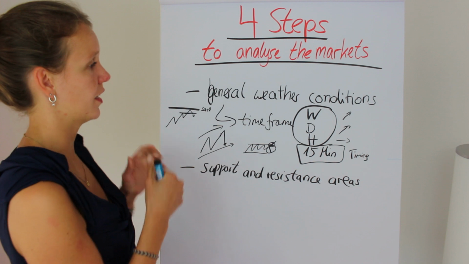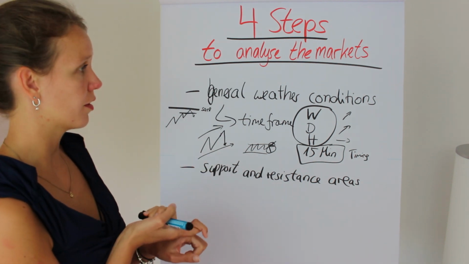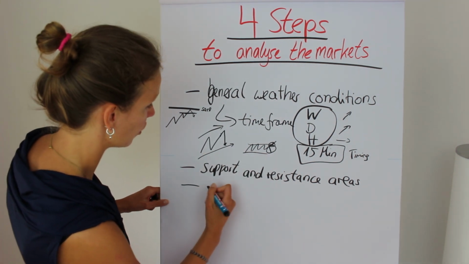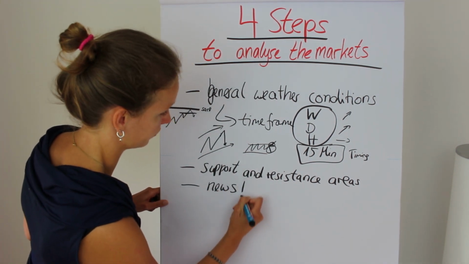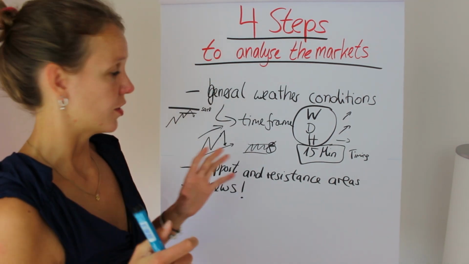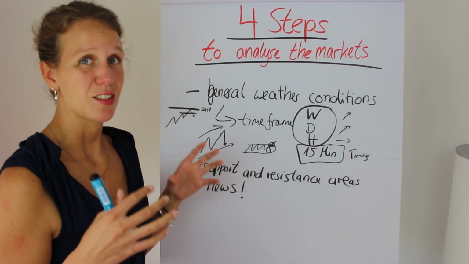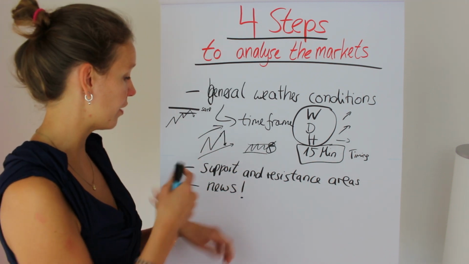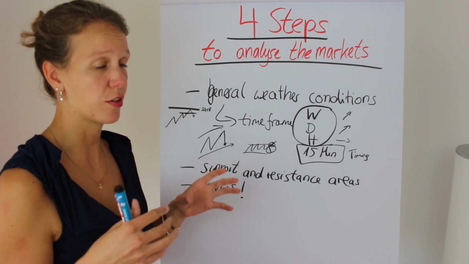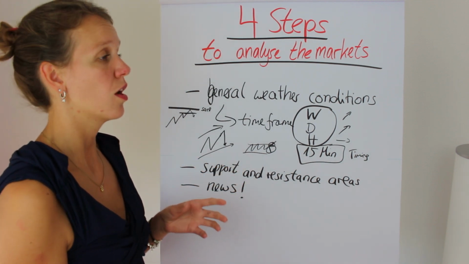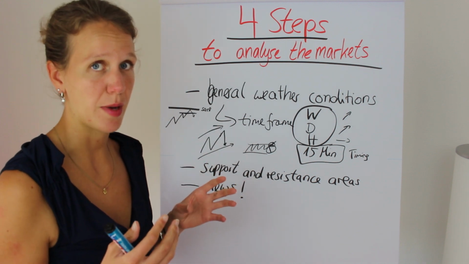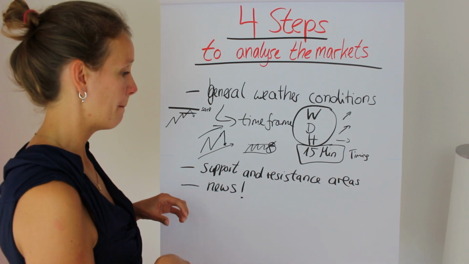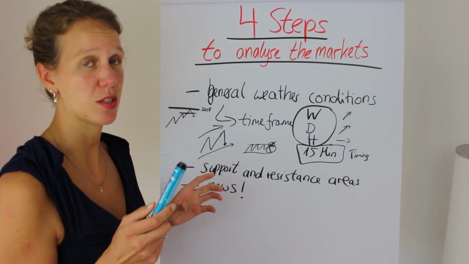Okay, then we have analyzed the markets, we have our general weather conditions and our support and resistance areas. Then we should also check the news, because the news can be a really big distraction factor. The non-farm payrolls, for example, or when the US markets are opening, a lot of volume comes into the markets. And these volumes can lead to really big movements in the market, big spikes sometimes as well.